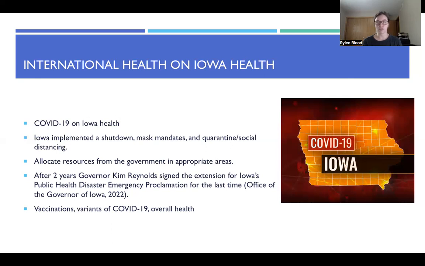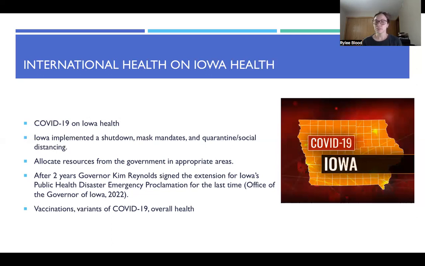This was huge after 2 years. At that time, there were certain variants of COVID beginning to occur within the community and internationally. But after 2 years, the governor decided that we need to continue to move on with our lives and can no longer live in this disaster emergency state.